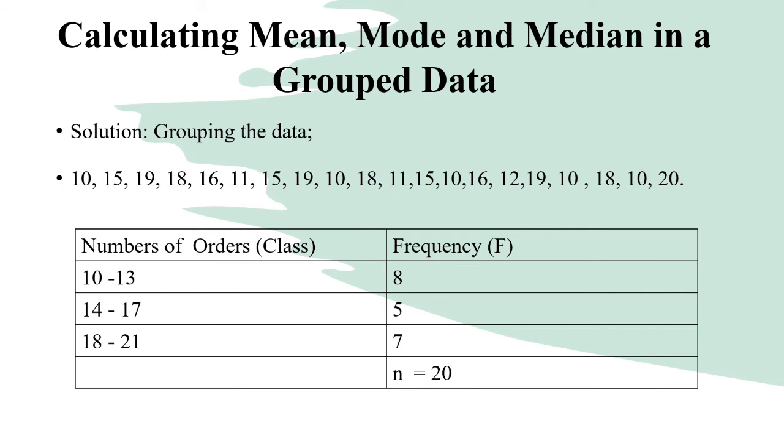The total, which is n, the sum of the frequencies, is equal to 20. Whatever you get as your total frequency should be 20 because they said 20 days. After grouping our data, now we want to calculate our mean using the grouped data.